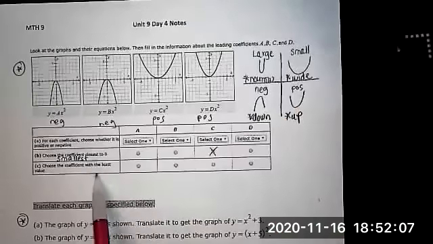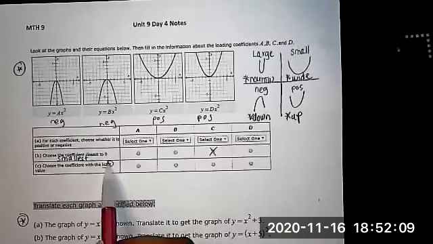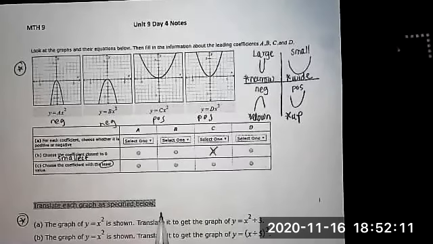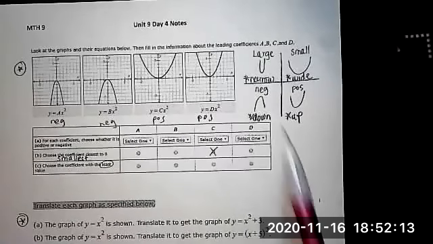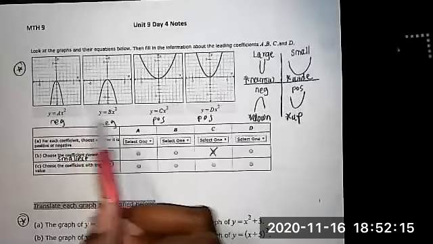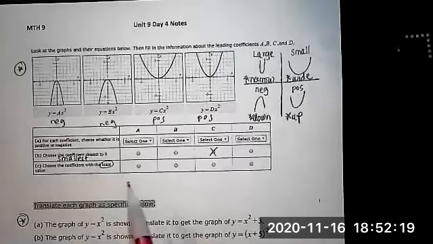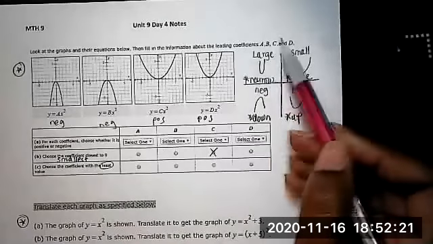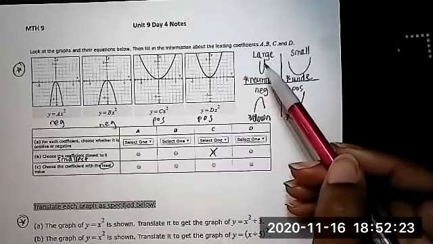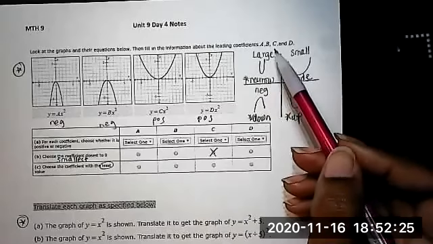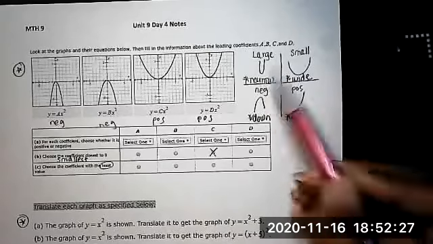Okay, choose the coefficient with the least, and least does really matter for positives and negatives. Okay, so the least value is going to be a negative number, so we know it's going to be either this or this one. And it has to have the least. So if it's the least, it's the bigger, so it's the one that's the most narrow.